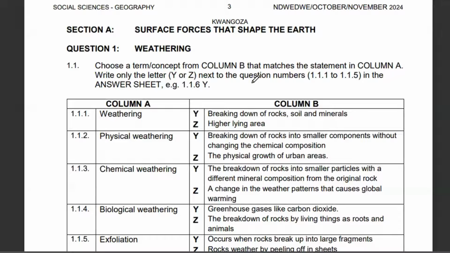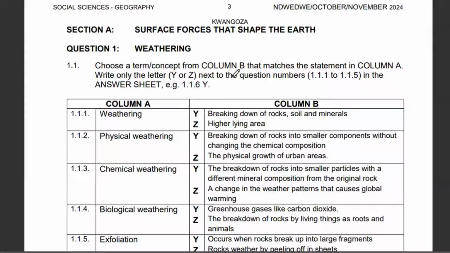So here we have surface forces that shape the earth. We have our first question. It's about weathering. You're going to choose a term or concept from column B that matches the statement in column A. You're going to write only the letter Y or Z next to the question numbers, which is 1.1.1 to 1.1.5 in the answer sheet given to you.